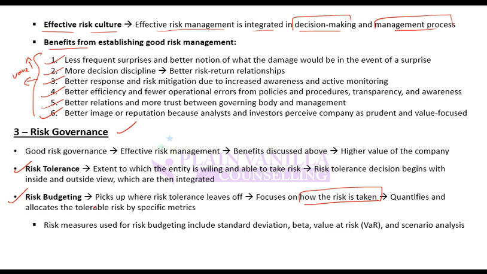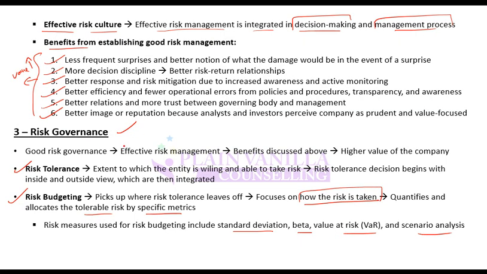So it quantifies and allocates tolerable risk by specific metrics. And how do you measure or quantify this risk? For quantifying it, you have different measures such as standard deviation, beta, VAR, and scenario analysis. Calculations for VAR and scenario analysis are a part of level 2 and then level 3. Here you just need to know the names and their basic definitions.